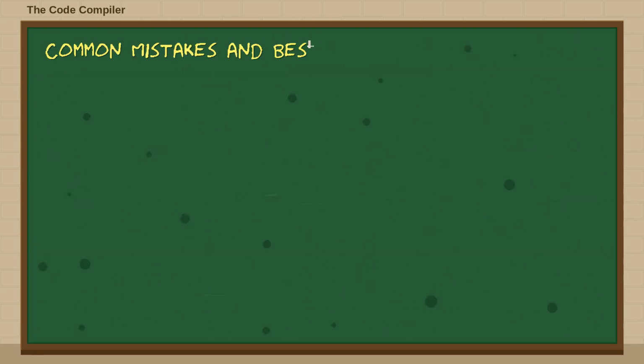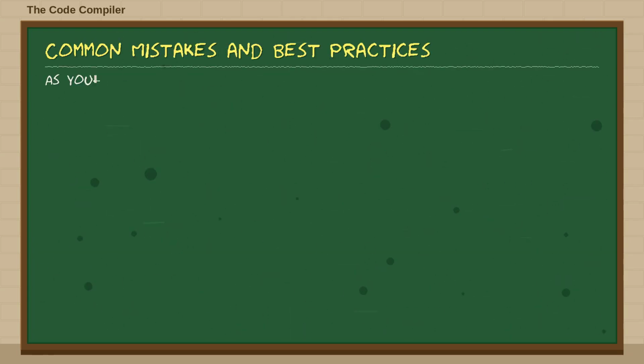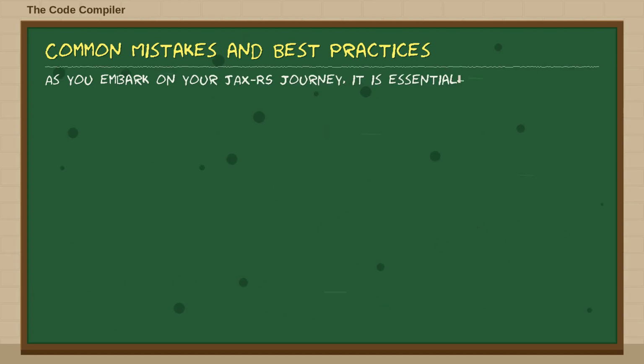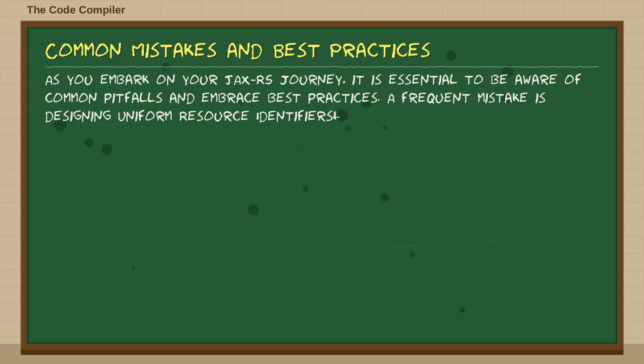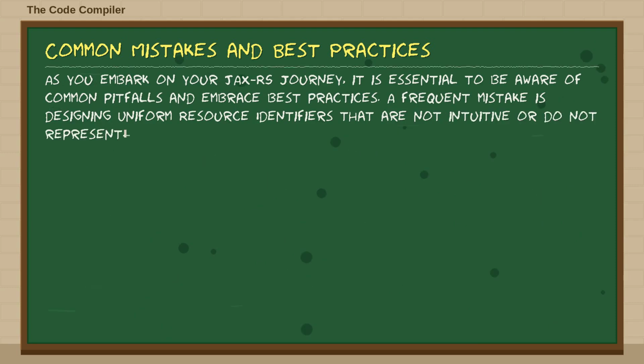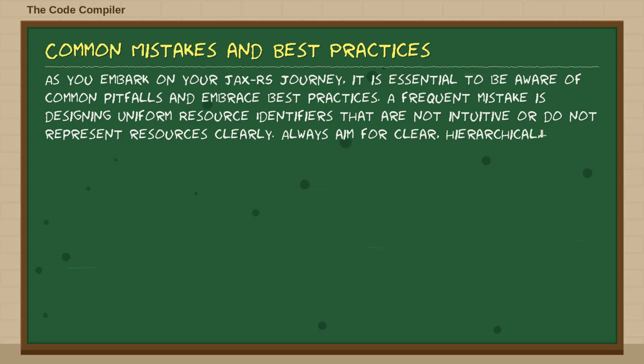As you embark on your JAX-RS journey, it is essential to be aware of common pitfalls and embrace best practices. A frequent mistake is designing Uniform Resource Identifiers that are not intuitive or do not represent resources clearly. Always aim for clear, hierarchical, and noun-based URIs.